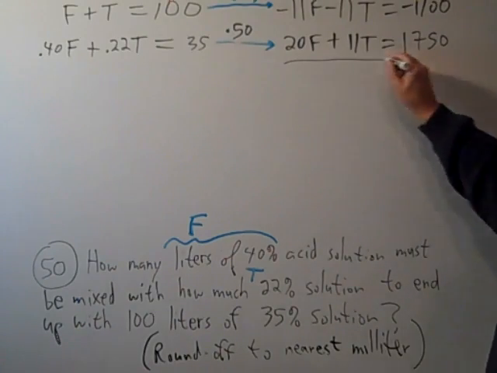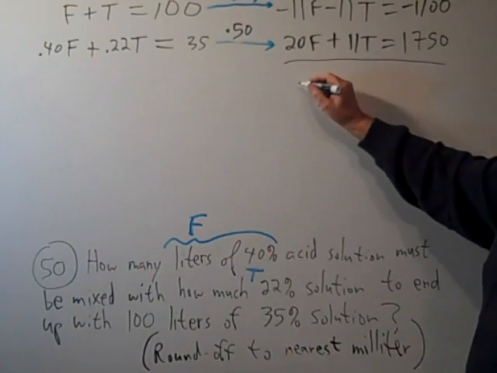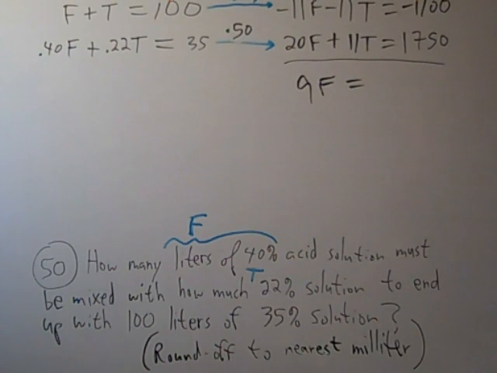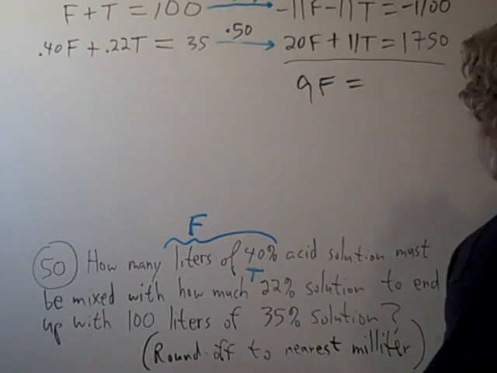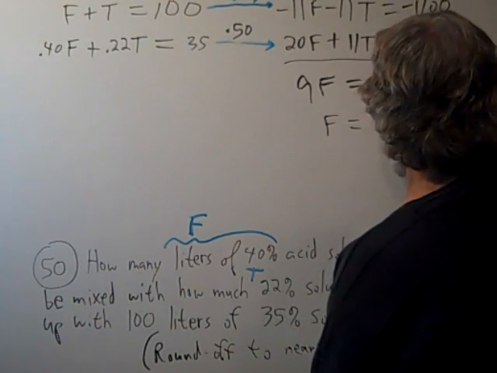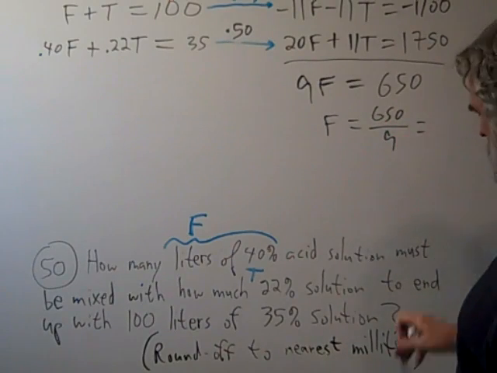Adding these two equations will eliminate the T, so 20F minus 11F is 9F is equal to 1750 minus 1100, which is 650. So F is equal to 650 divided by 9.